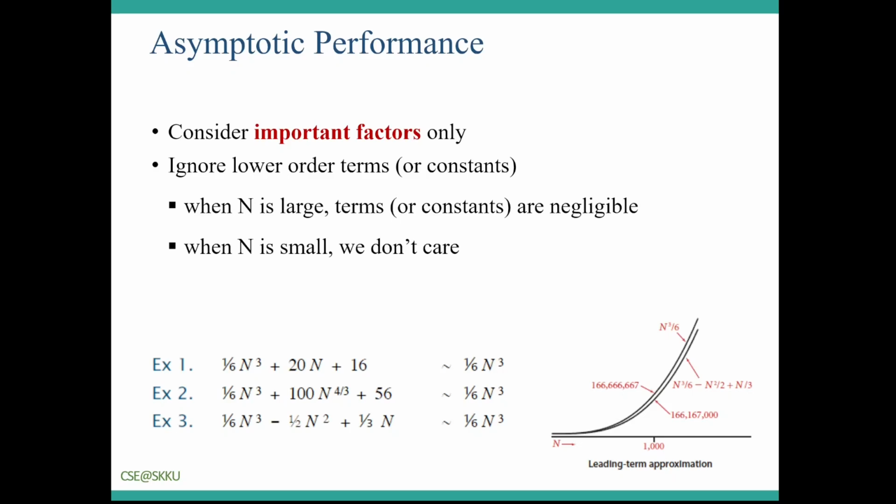Here, we can solve the following equation by using such asymptotic notation. First, we want to show that n squared over 2 minus n over 2 equals big theta of n squared.